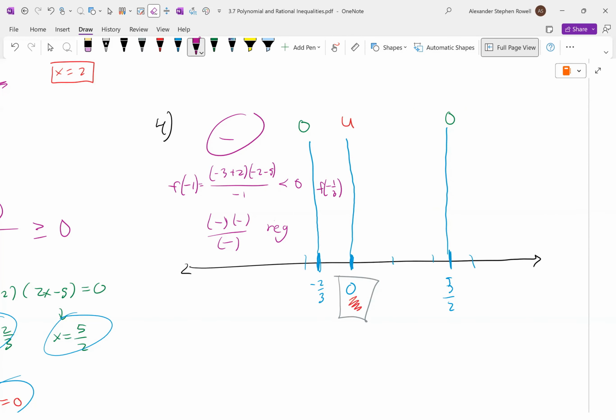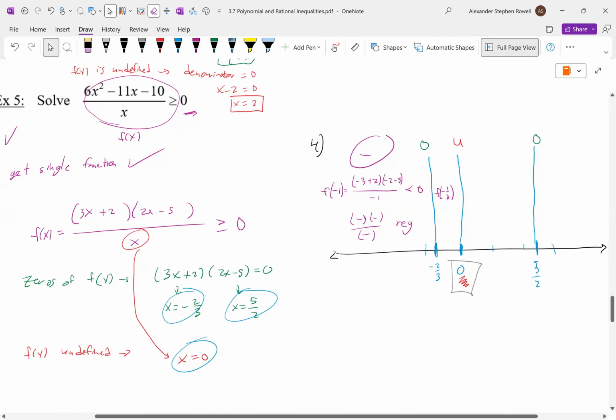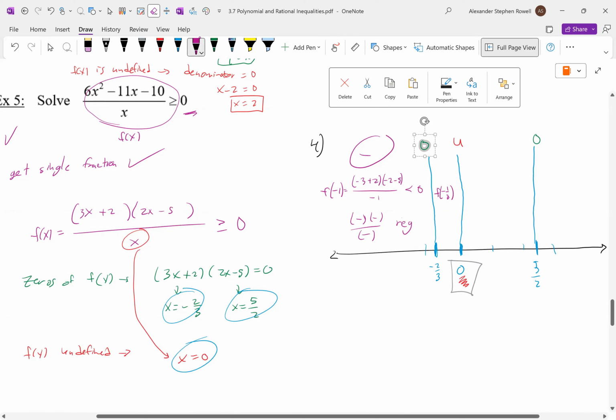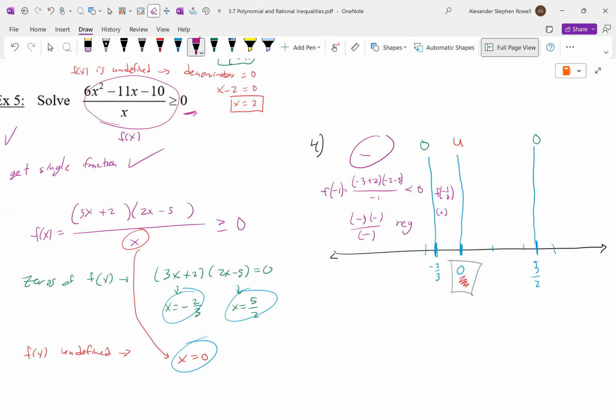Okay, f of negative 1/3. Negative 1/3 plus 2. I should check this. Negative 1/3 times 3 is negative 1 plus 2 is positive. Negative 1/3 times 2 minus 5 is negative. Negative 1/3 on the bottom is negative. So what's a positive times a negative over a negative? It's positive.